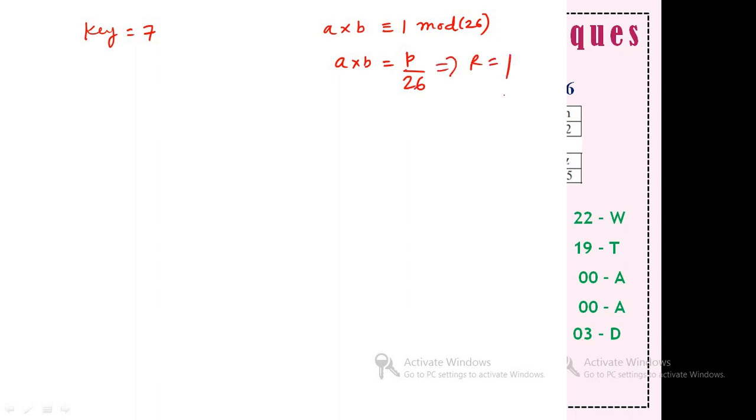That's what the meaning is physically. A multiplied by B, suppose 4 into 5. What is the value? 20. 20 divided by 26. The remainder is 20. 20 is not equal to 1.